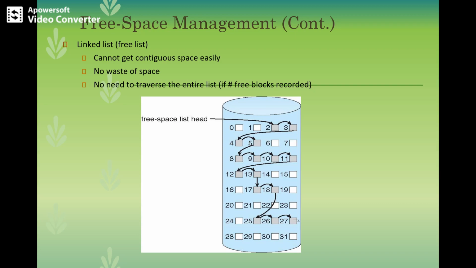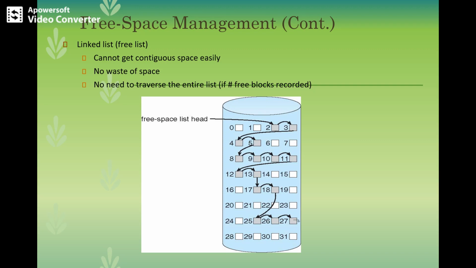The main advantage of the bit vector or bitmap is that it is very simple and efficient in handling free blocks or sets of consecutive free blocks. Now we move to the next approach, the linked list, where we mainly consider the free list.